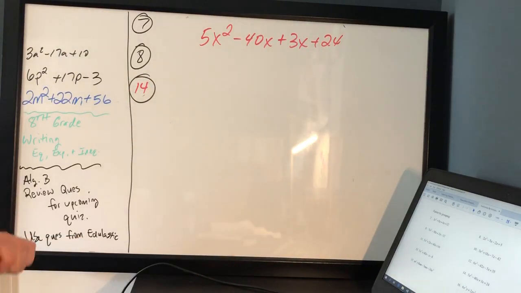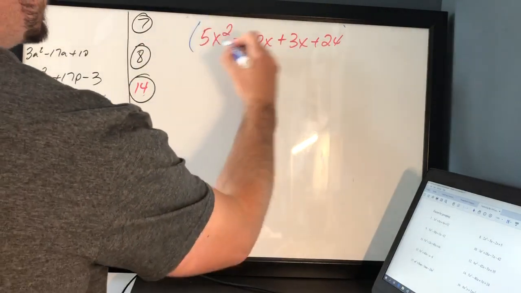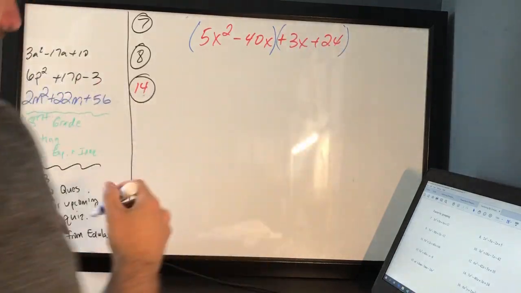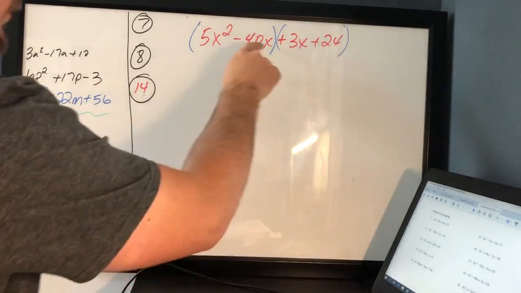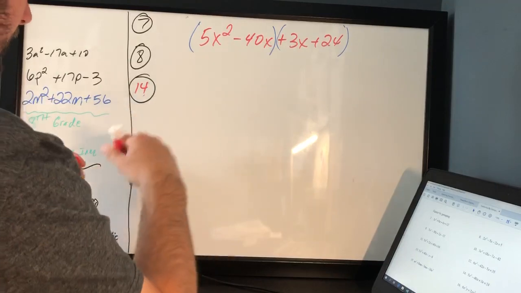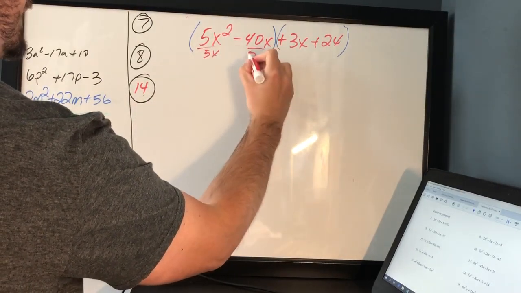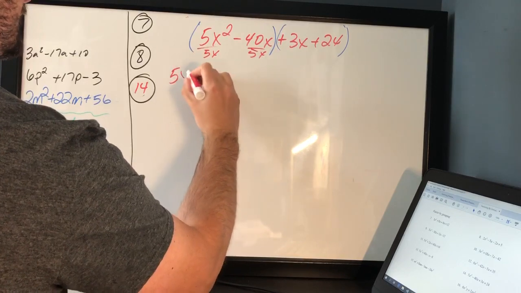Okay? All right, so looking at that, again, same thing, guys. Put the parentheses around the first two terms, and then parentheses around the second two terms. Okay, 5x squared minus 40x, what do they have in common? Well, they're both divisible by 5x. So let's pull out the 5x.